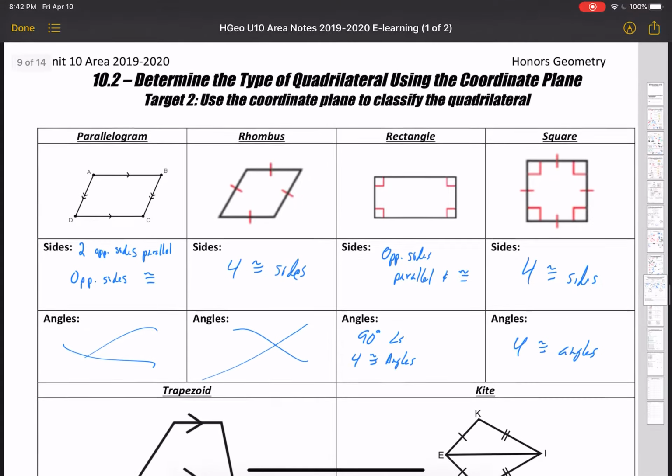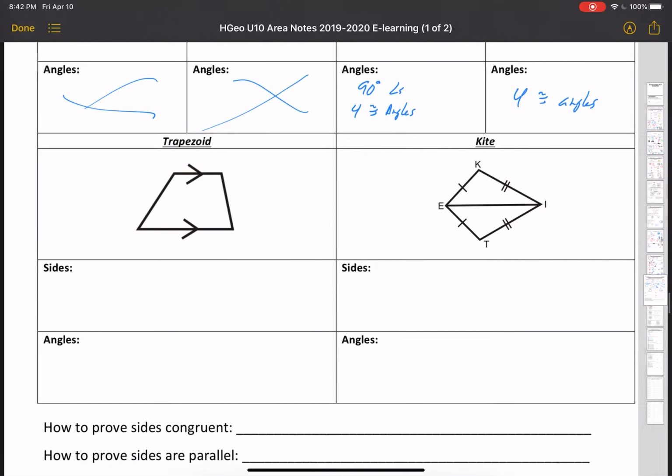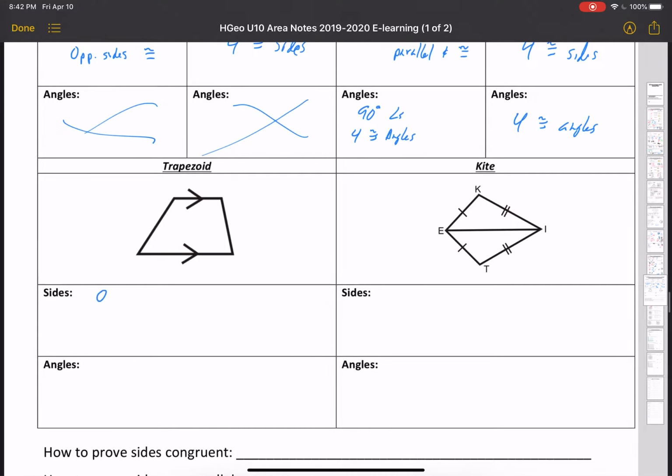All right, and then we get to our two kind of special ones that aren't parallelograms. We got a trapezoid. In a trapezoid, we have one pair of opposite sides parallel. We got nothing with the angles.